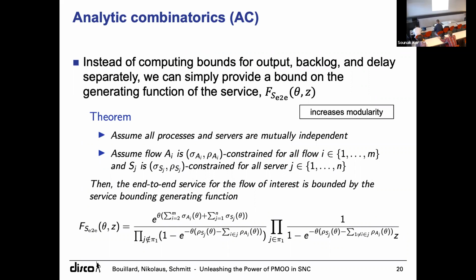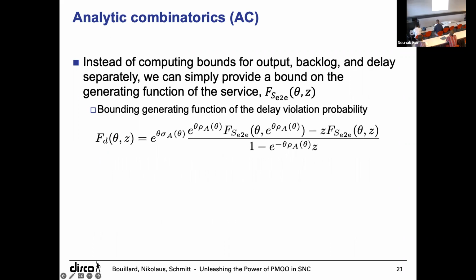So to summarize the theorem, we assume all service and arrival processes to be independent sigma rho bounded. Then we can derive a closed form solution for the service bounding generating function that is given here. And once we obtain that result, we can ask, what is a delay bound? Well, there is a closed form for the bounding generating function of the delay violation probability.